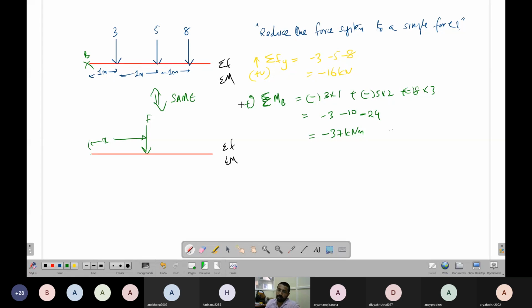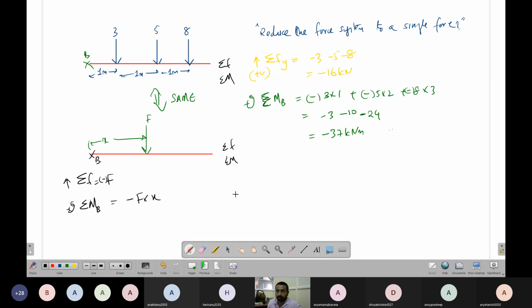Now about this system, the summation of force is equal to F with a minus sign because up is positive. Summation of moment about the same point, with anti-clockwise positive, is minus of F times X. First I will equate these two.